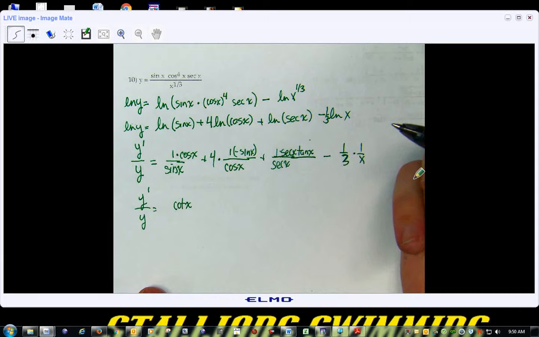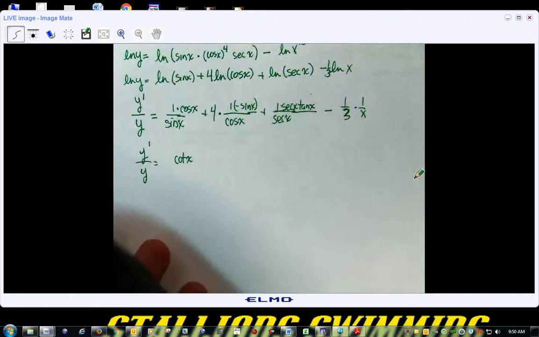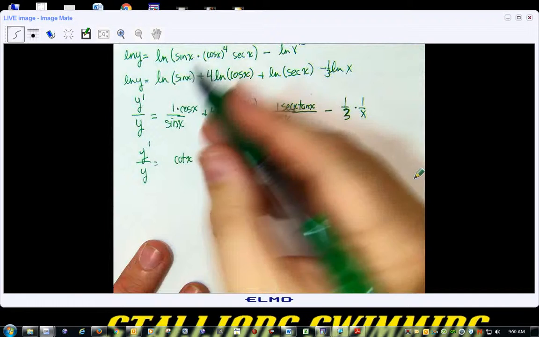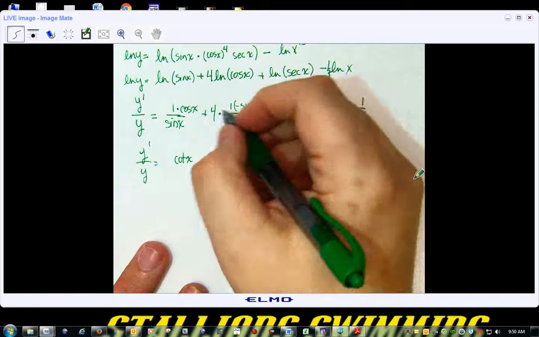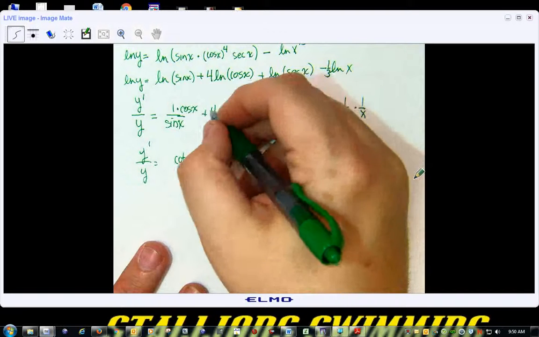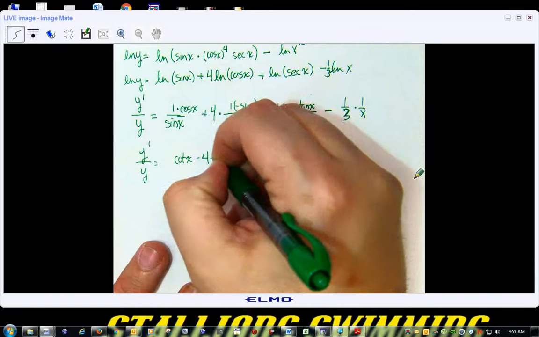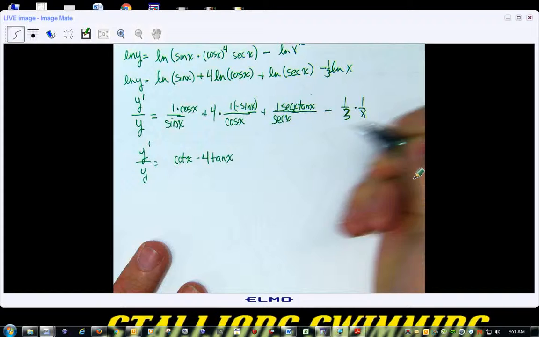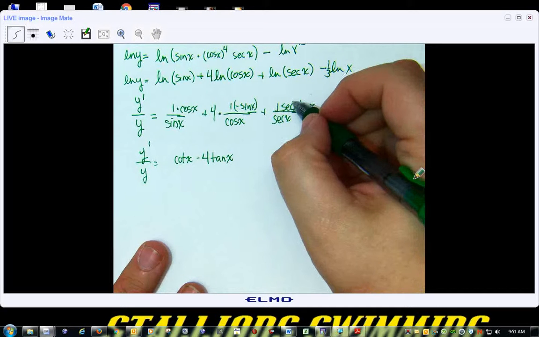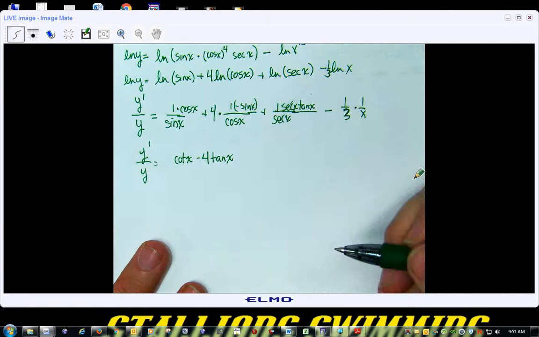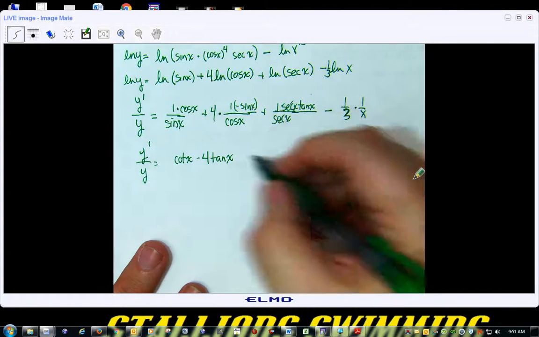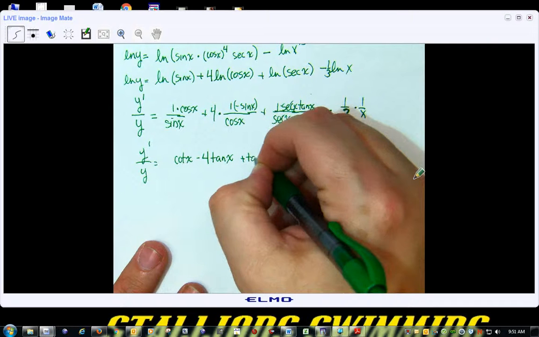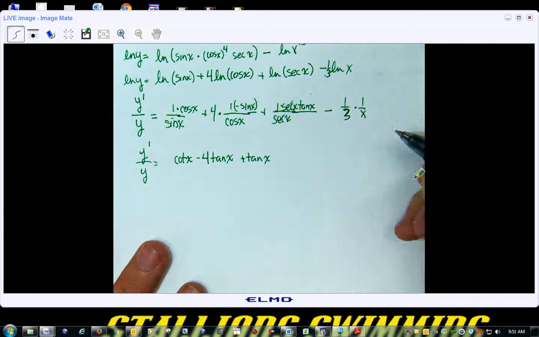Tangent. So I'm going to get there's a negative and a 4, so minus 4 times the tangent of x. And then secants divide out, right? So this is just plus a tangent of x minus 1 over 3x.